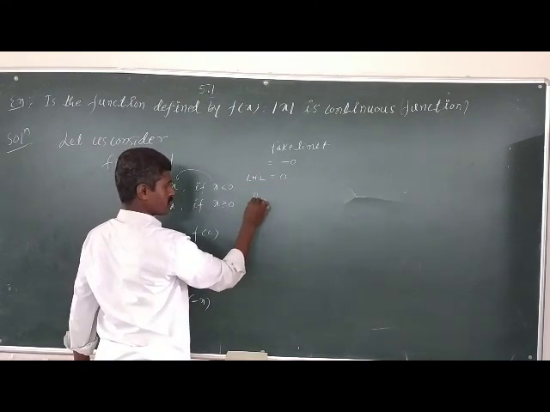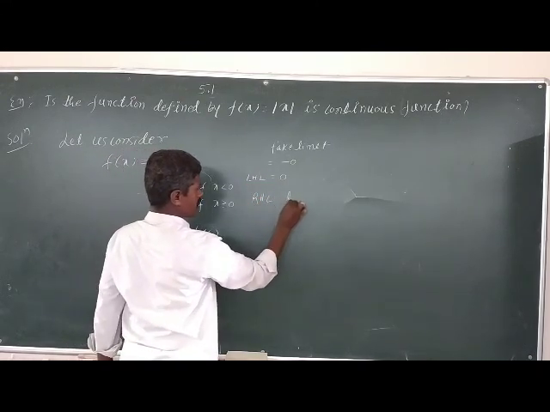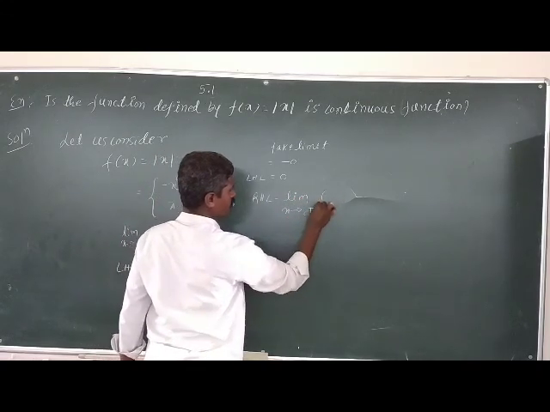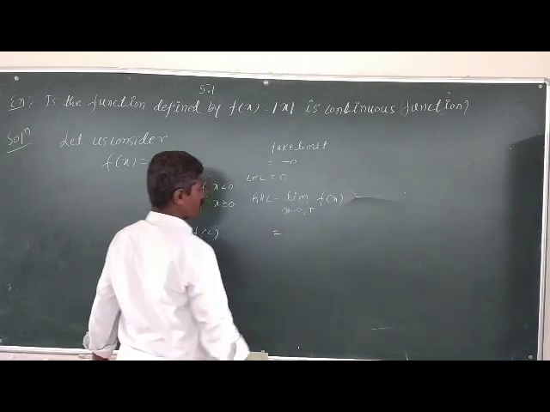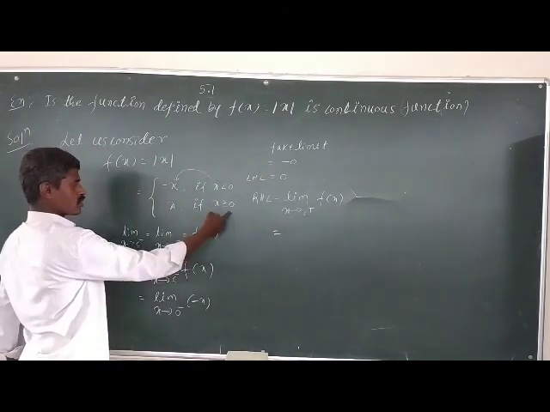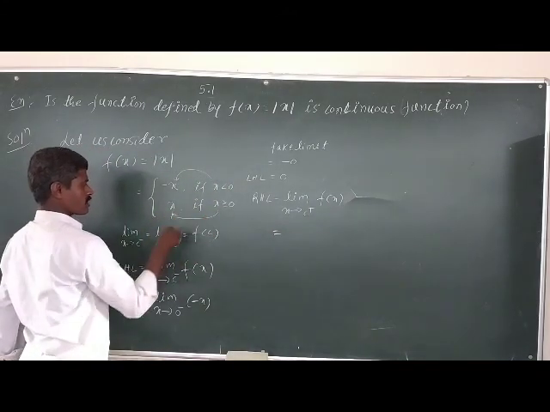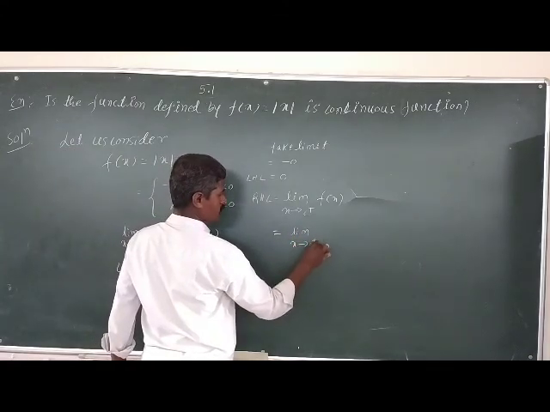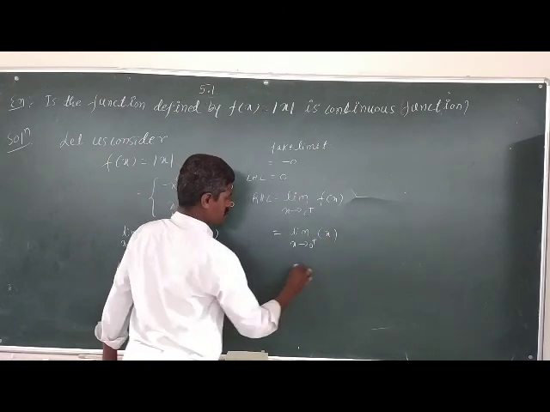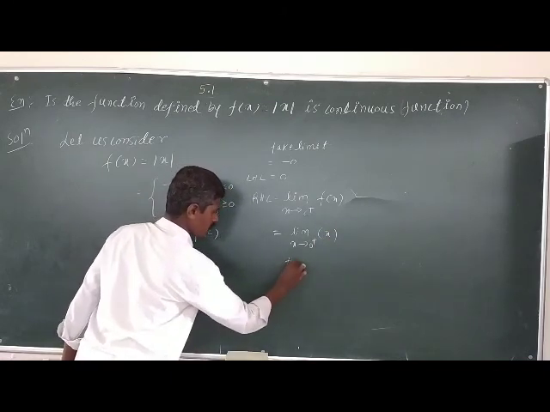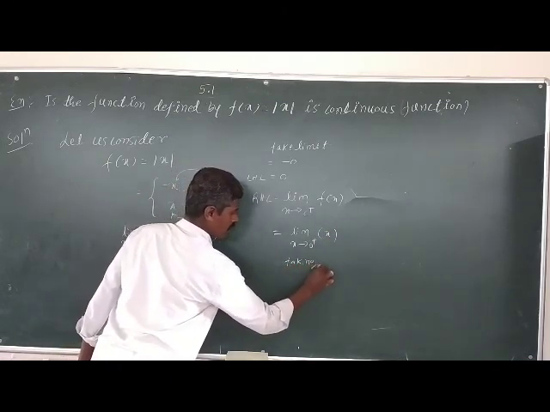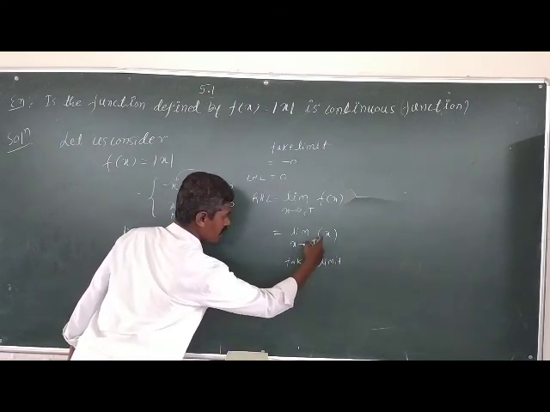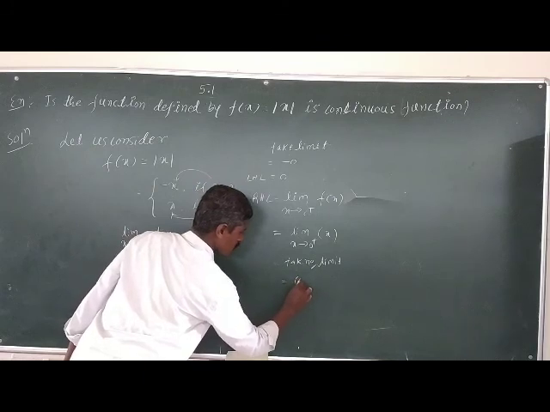Now similarly RHL. RHL is nothing but limit as x tends to c plus of f of x. What is the function? If x is greater than or equal to 0, the function is x. So limit as x tends to 0 plus of x. Taking the limit, put the value of x as 0, that is 0.